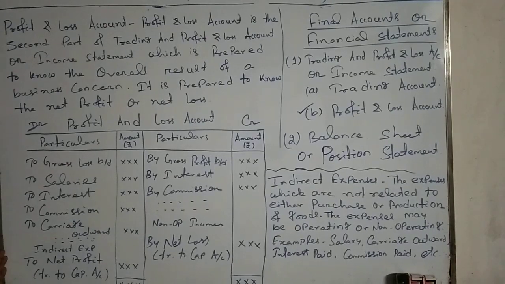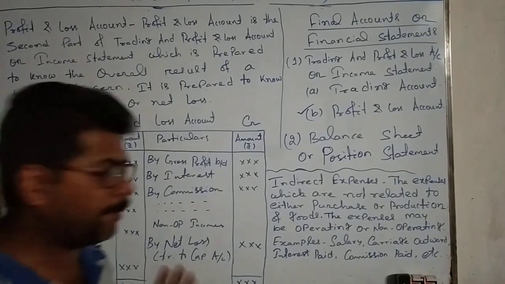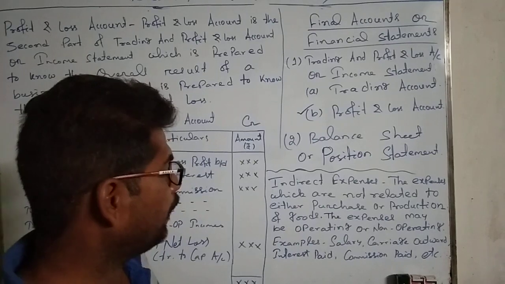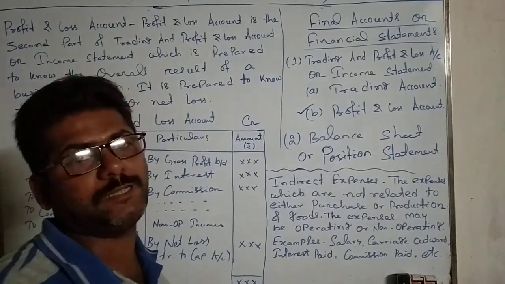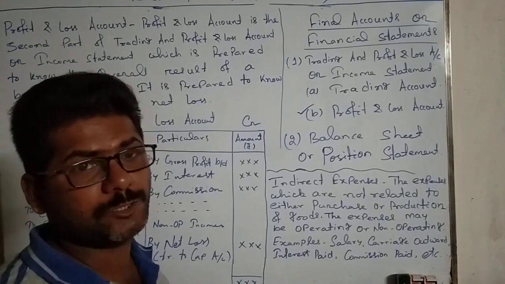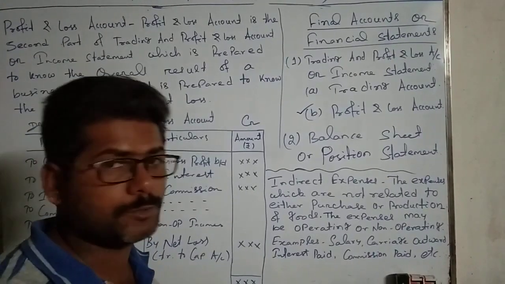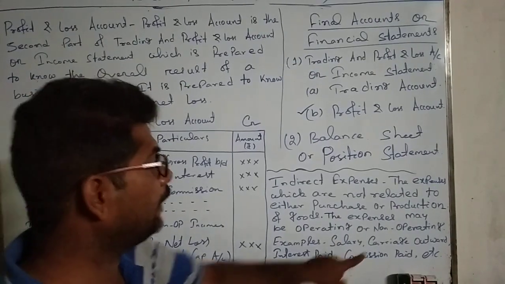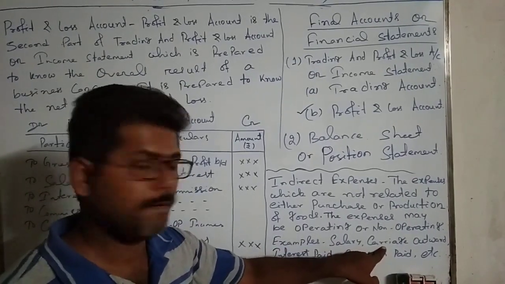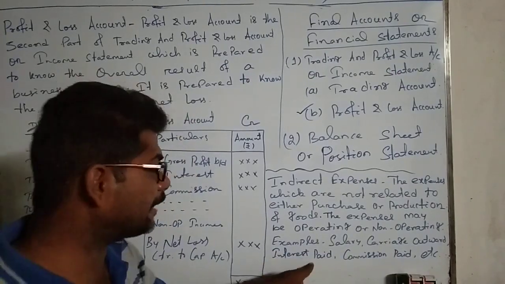Let us have an example of operating and non-operating to understand it properly. See, carriage outward. Carriage is the expenditure paid at the time of sale of goods. As it is related to your business operation, it is operating. But remember, interest paid.